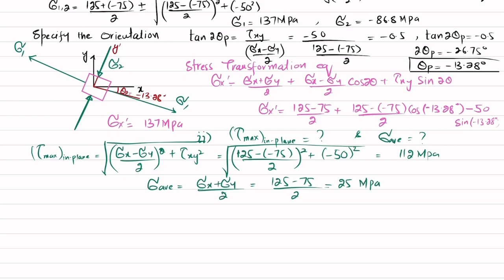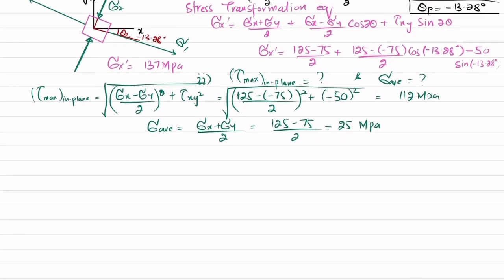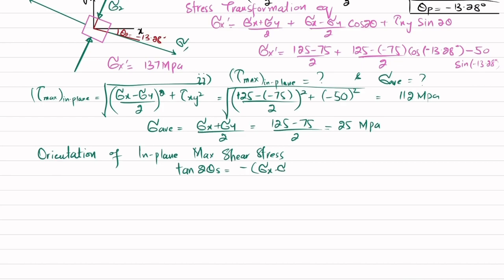Now we'll find the orientation of this plane of maximum in-plane shearing stress. So orientation of in-plane maximum shear stress can be obtained by using this formula, tangent of 2 theta s is equal to minus (sigma x minus sigma y) divided by 2, divided by tau xy.